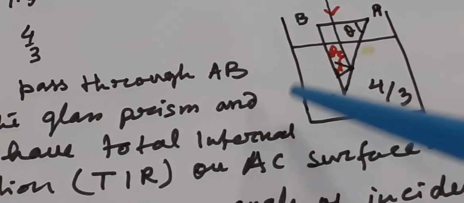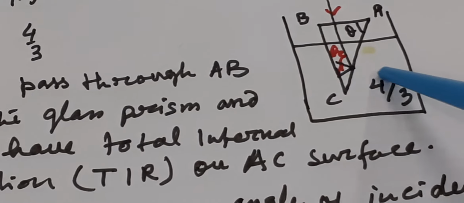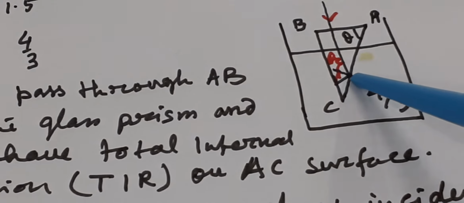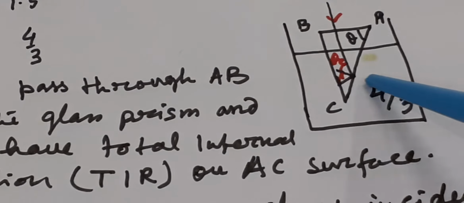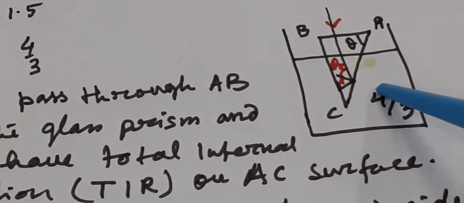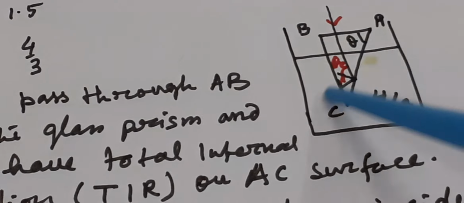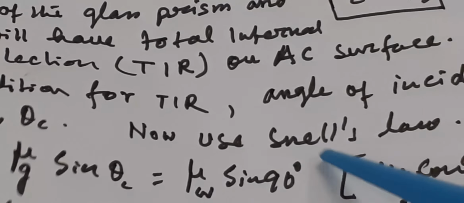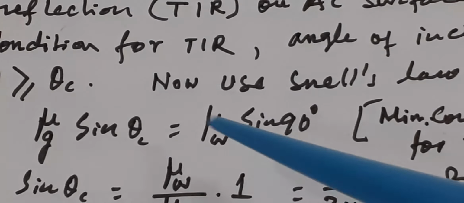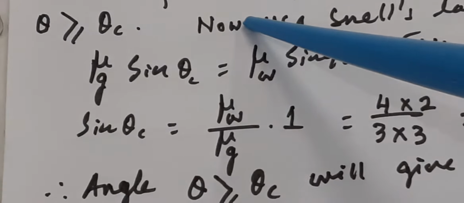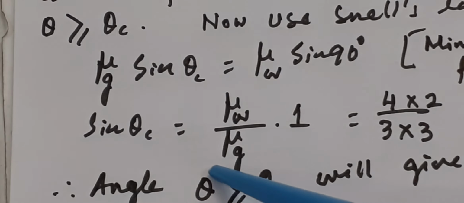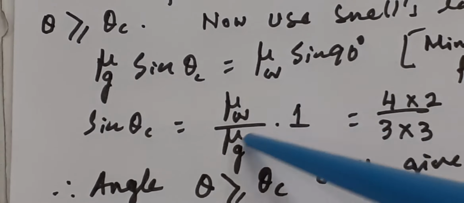That means the refracted angle will be 90 degrees. That is the minimum requirement, sin 90. Now from here sin theta c will be the refractive index of water over the refractive index of glass, and sin 90 is one, so we get 8/9.